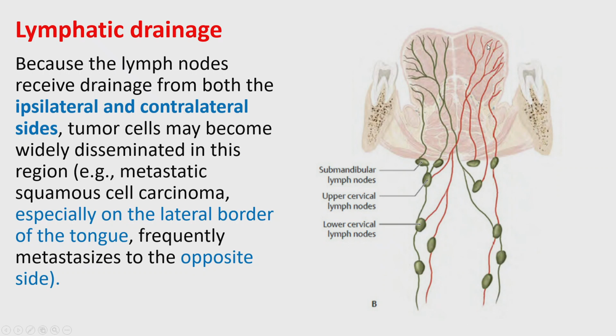The lymphatic drainage from the right side can go to the same side, but it can go to the opposite side. That's why we are not surprised if a patient comes to me and I find the cancer in the right side of the tongue, but he has enlargement of the lymph node in the submandibular region on the left side. This is the explanation: these lymph nodes are crossing each other, yes?